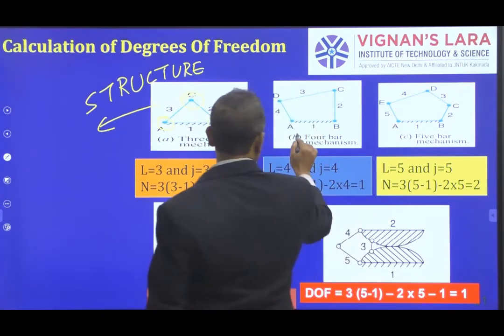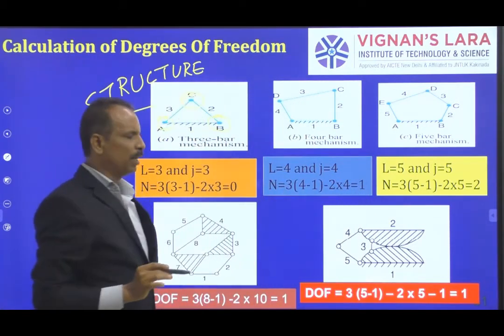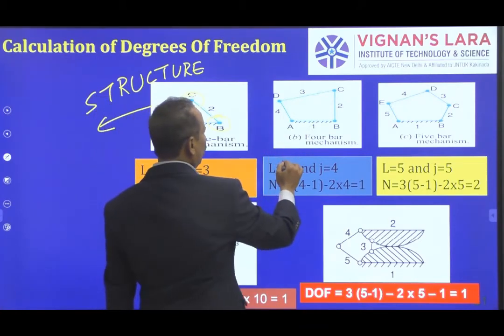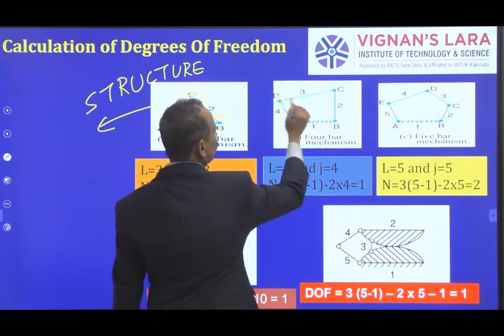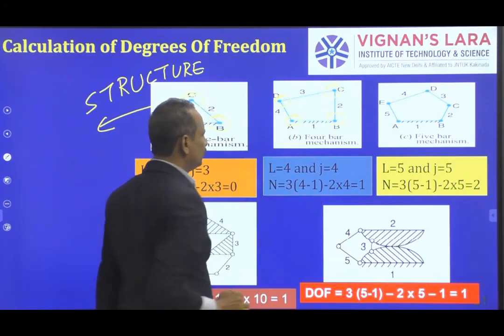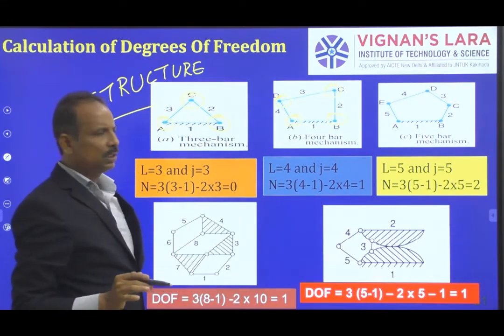Then coming to another mechanism, the 4-bar mechanism, where the total links are 4 and the joints are 1, 2, 3, 4, all binary joints.